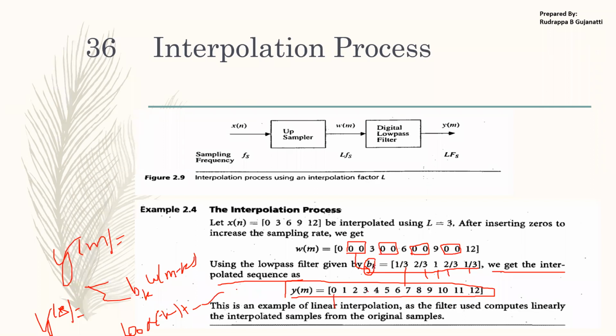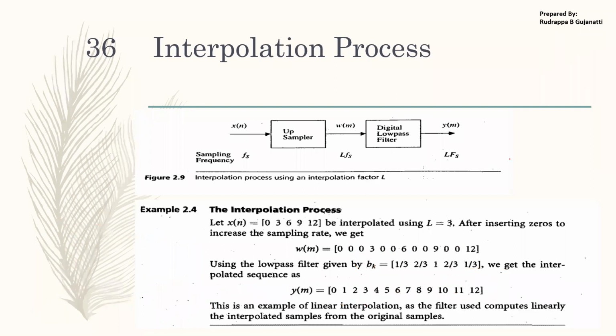This is the first sample, this is the second sample of x of n, the third sample is here, then the fourth sample and the fifth sample. Here you can see what has happened. I think it is a linear interpolation that we are doing. These are the samples we get. Those zero locations are replaced with the help of this equation. So this is with respect to interpolation.